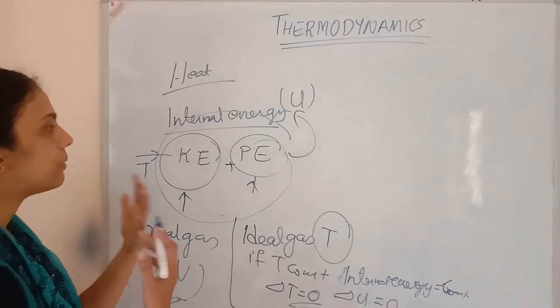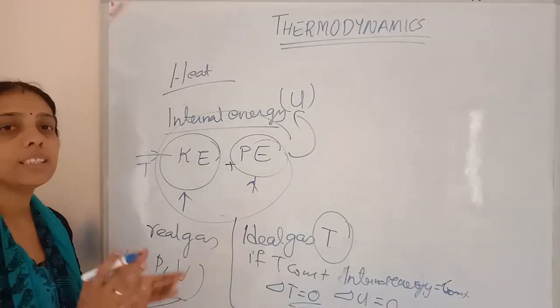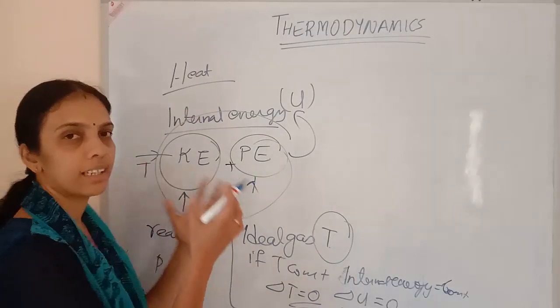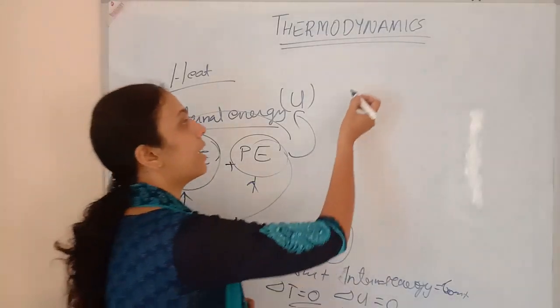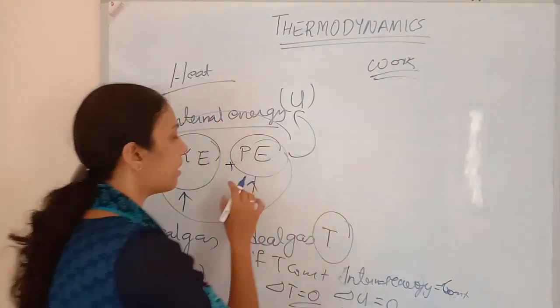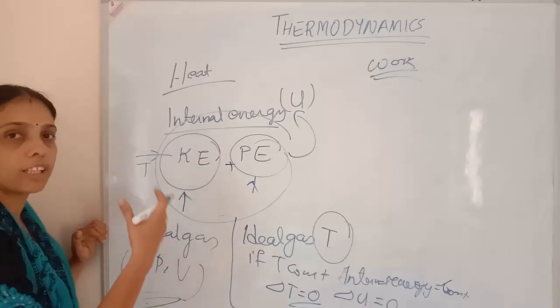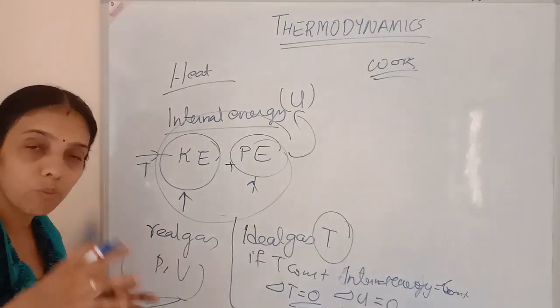So the energy we are giving to the system is converting to internal energy. Internal energy means kinetic energy and potential energy. We know that energy is related with work. Because of that energy it is moving, that means it is doing some work.